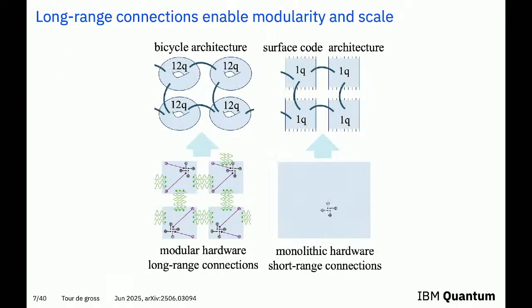Getting back to the architecture design, the conventional approach for many years was to assume we have this very large monolithic hardware that has a bunch of short-range connections. Maybe imagine some ginormous chip, if you're doing superconducting qubits, that implements a whole bunch of these surface code qubits on there, right?